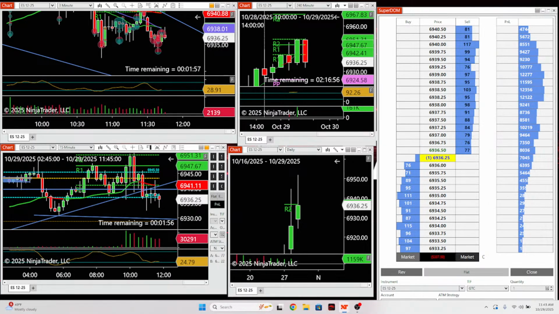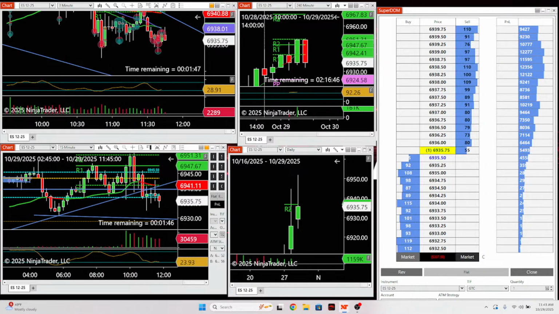Was looking for it to go high today. Got stopped out. Was looking for it to hold. I didn't wait for it to close over the R2 and maybe consolidate a little bit. It was moving, so I thought that it may go. Nope, didn't go.